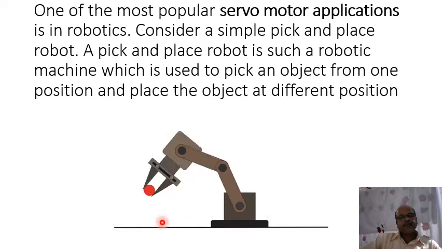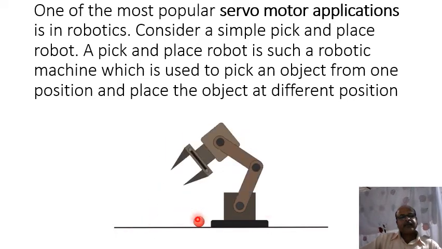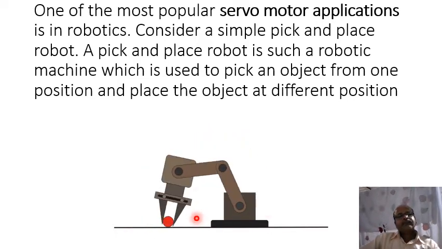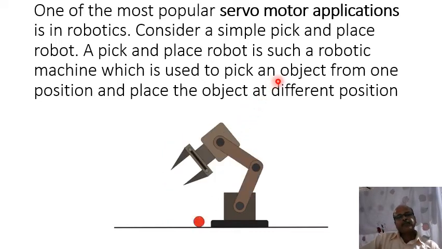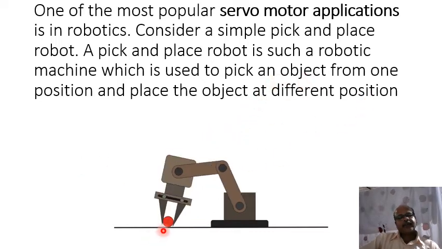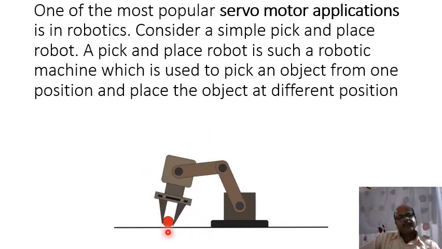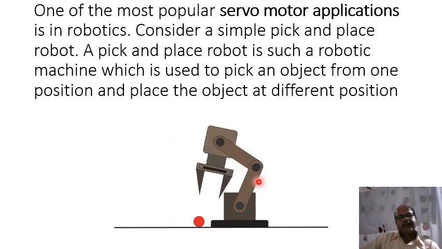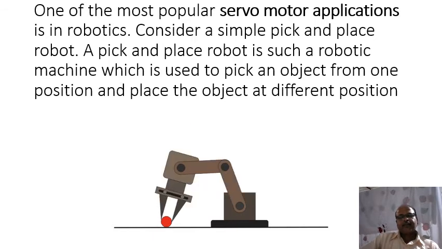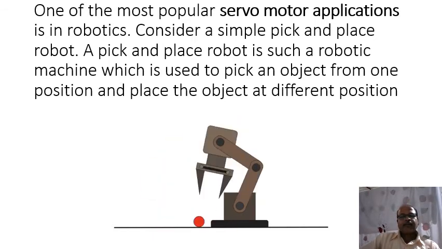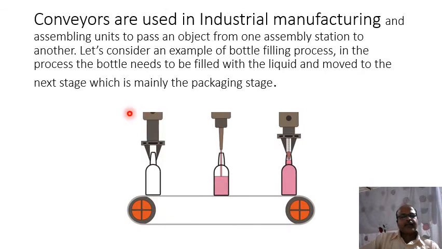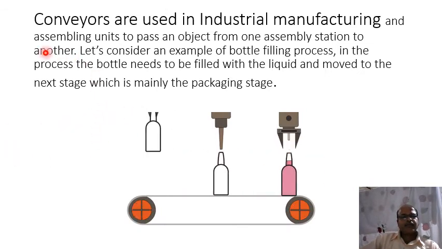So this is an animation in which a robotic machine picks an object from one position, here, and the object is placed at another position, from here to here. So this is a good or best application of servo motor.